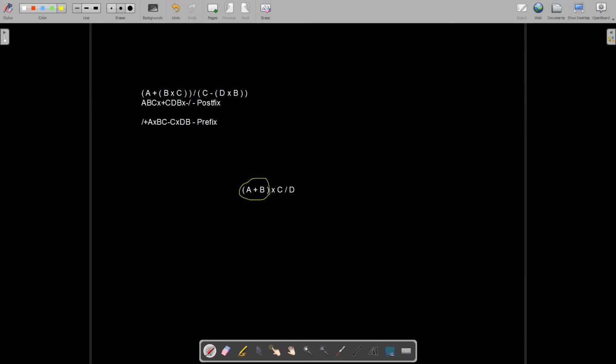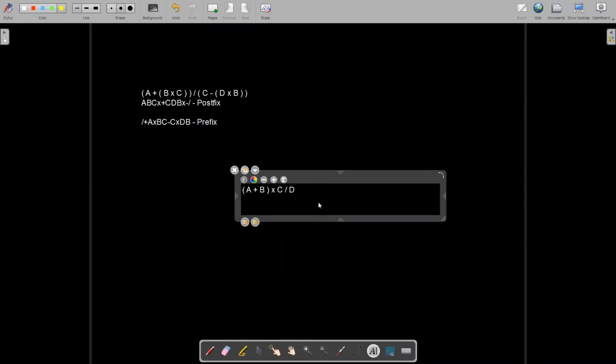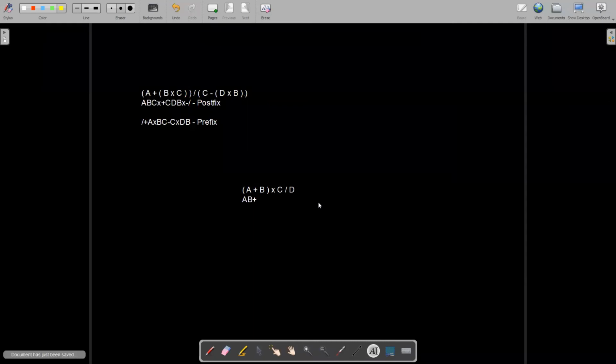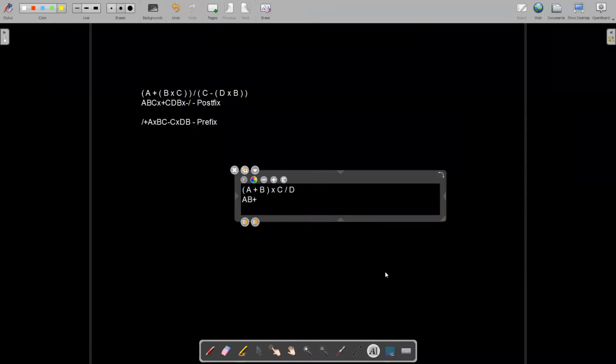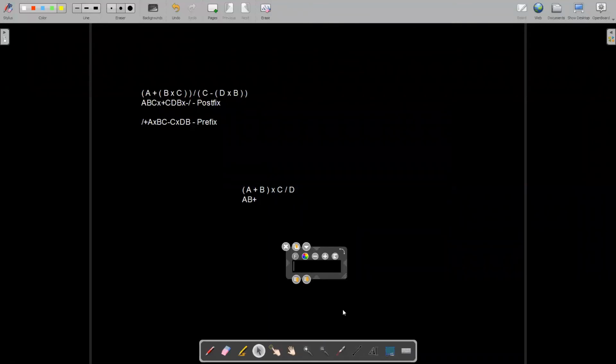Okay, so when you'll be solving the bracket first, so in this bracket you have what? ab plus. Now after ab plus there is something that is c into c. Now you can see that first we have multiplication over here. We have first multiplication and then we have division.